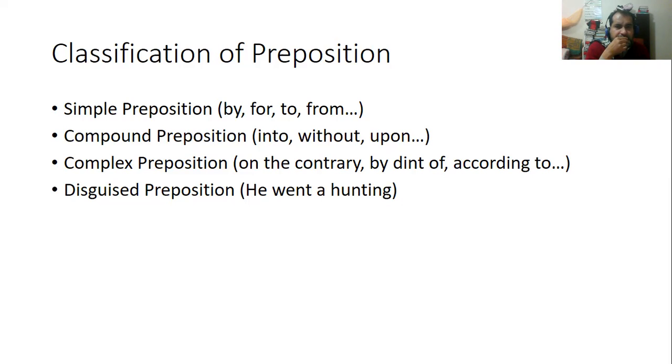That means here the preposition remains in disguise, and we can perceive that there is a preposition, but it is not used. So these are the four types of prepositions we usually use in the English language.